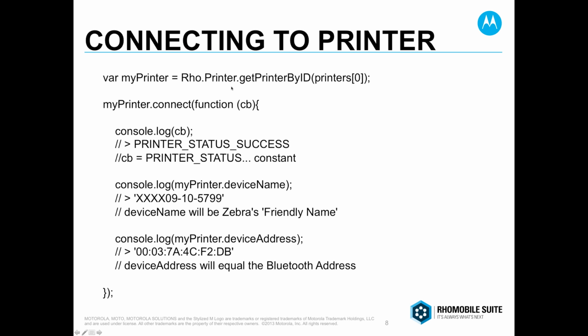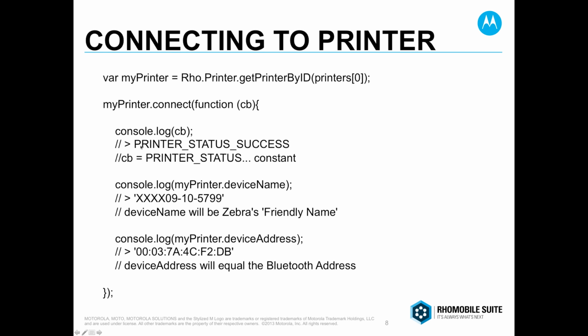Once we have the printer ID, we're going to call Rho.printer get printer by ID. You can see we gave it the first ID that we got back earlier. We'd use whatever variable we got back from that callback function. Then with this variable that we have, we're going to call connect and also give it a callback.